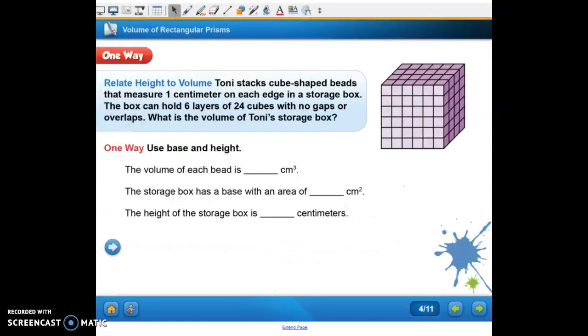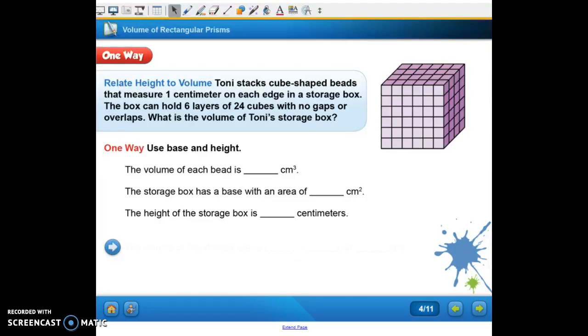Okay, we've moved on to page 476. And one way, let's read the relate height and volume at the top. I don't have it on my PowerPoint, but Tony stacks cube-shaped beads that measure 1 centimeter on each edge in a storage box.